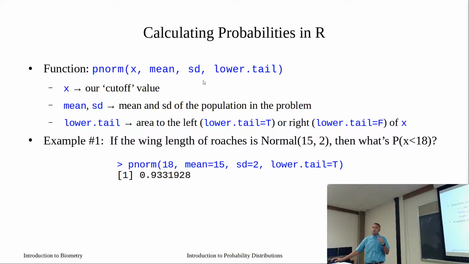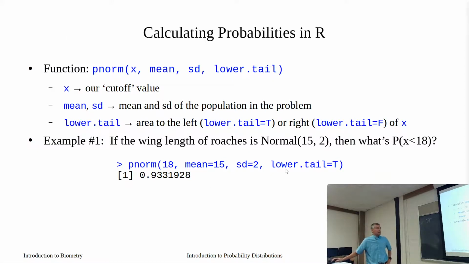Now, are we to the left or to the right of that point? That's our question, and that's determined by lower dot tail. So are we looking at the area to the left of our line, the lower tail, or are we looking at the upper tail? Our lower dot tail is going to be either true or false. To report true or false, we can write TRUE in all caps, or we can abbreviate.